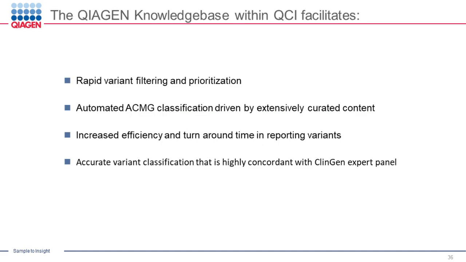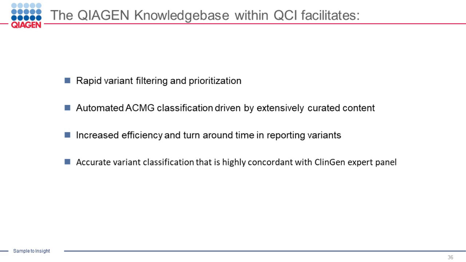So all in all, the Qiagen knowledge base within QCI facilitates a number of things and is extremely powerful because of all of the curated content. We've just shown how it can be used to rapidly filter and also prioritize variants from a clinical exome. Also, we use this curated content to uniquely position us to automate ACMG classification, as I mentioned, driven by this extensively curated content.